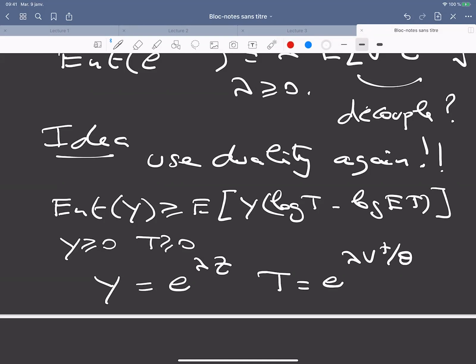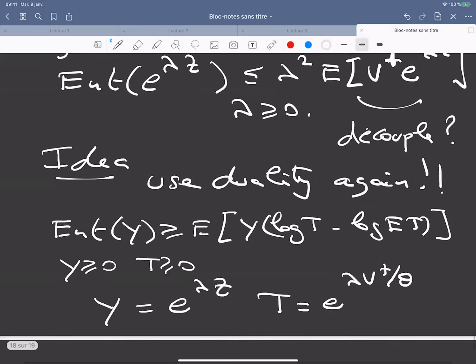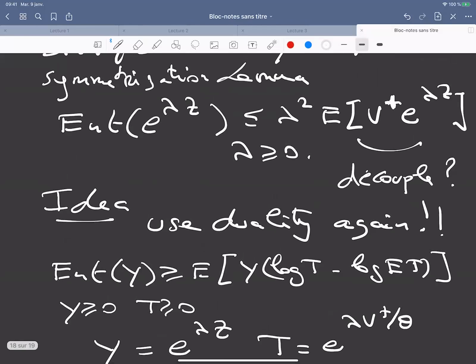Let me explain the role of theta. When you look at this, this is the expectation of the product of two non-negative quantities. If you want to control the expectation of a product of variables, the natural thing that comes to mind, if you do not know anything on the joint distribution between these variables, is to simply use Hölder's inequality.